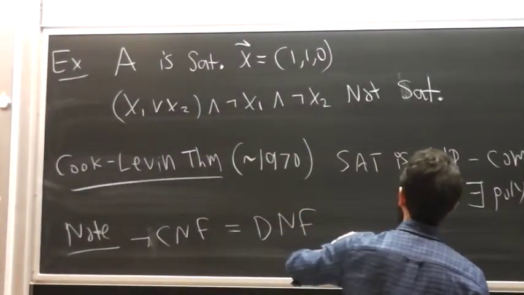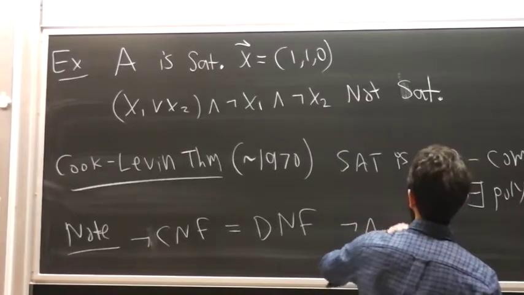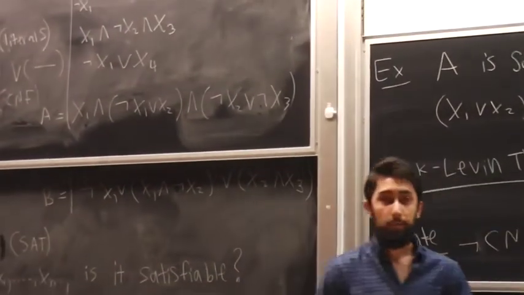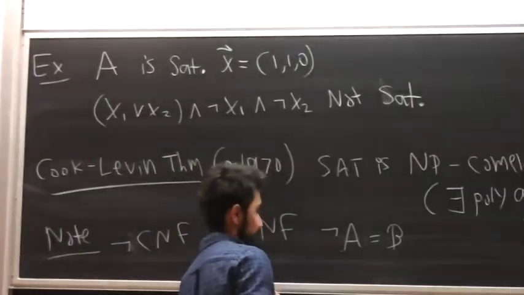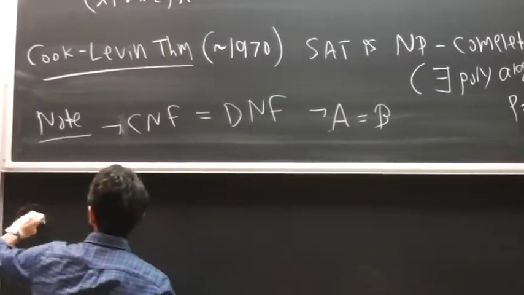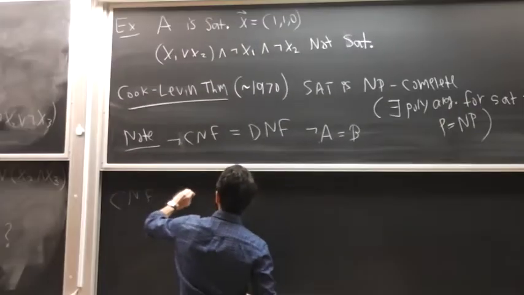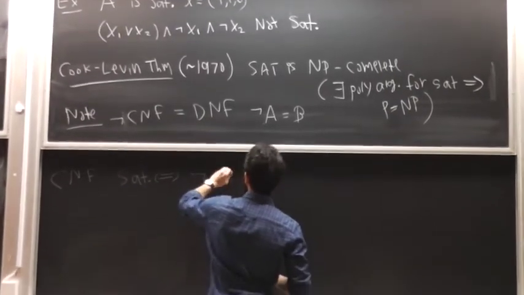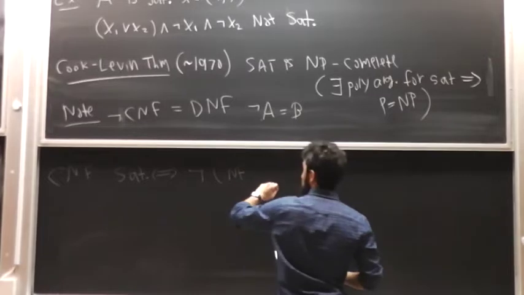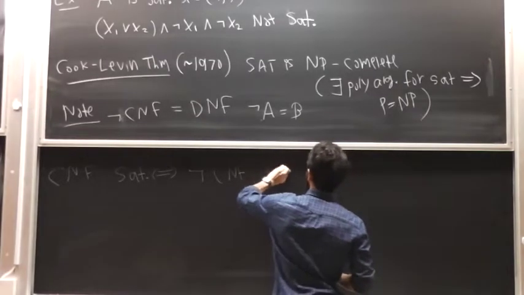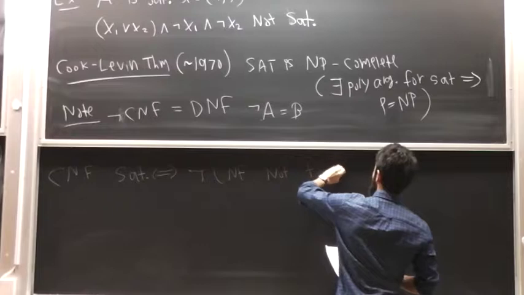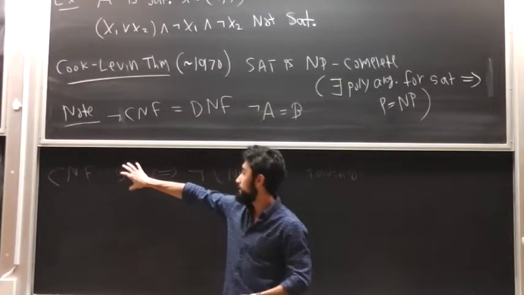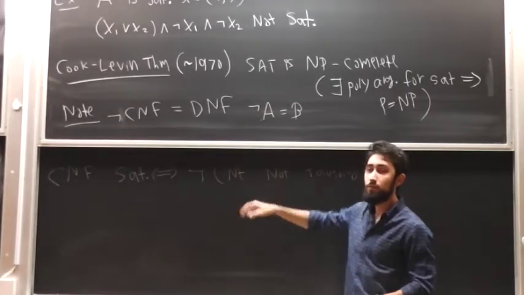So a CNF will be satisfiable if and only if the negation of that CNF is not a tautology. So there's going to exist a solution to this CNF if and only if the negation is not always true.